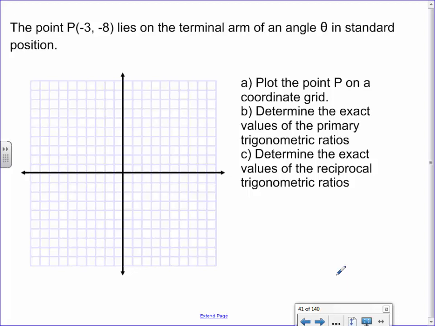So here's what I'm going to ask you to do. We're going to plot the point -3, -8 as though it's part of the terminal arm of an angle in standard position. So where would -3, -8 lie? Somewhere about here. This is -3, -8.